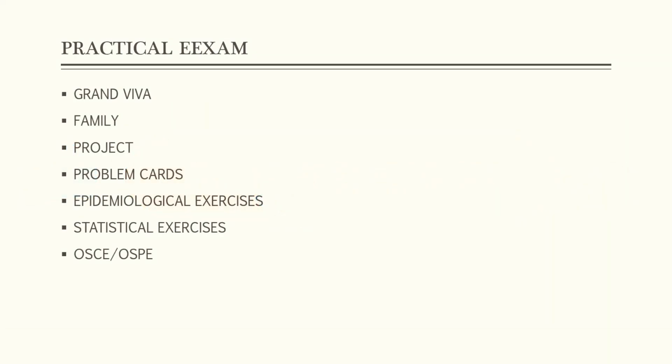Now back to the practical examination that the students are going to appear for. Well, you will be facing the grand viva in two parts. Since the university requires you to go for a 40 marks grand viva, most of the institutions are splitting into two.